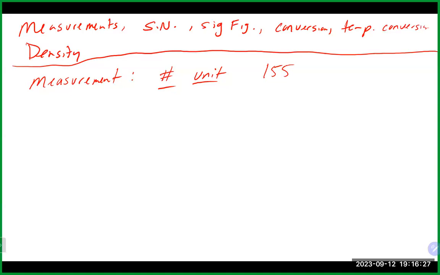Maybe it's 155 apples, which might still be great, depending on your perspective. So this number really has no meaning if there's no unit associated with it. So, maybe it's 155 grams. So we should always have units associated with numbers and measurements that we take. It lets people obviously understand what those values represent.